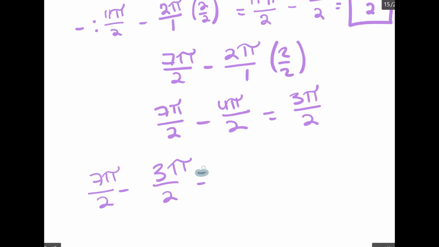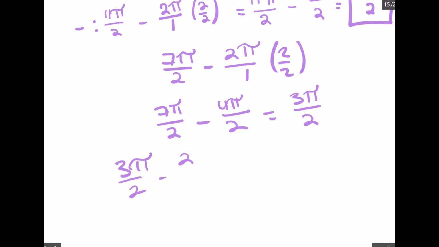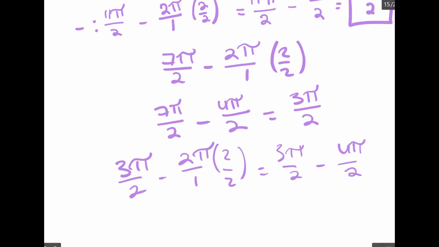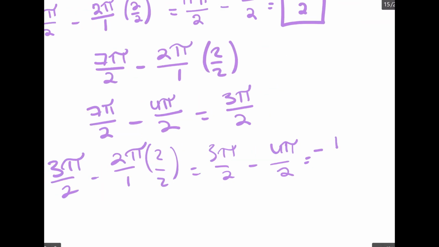Wait, I messed up. So negative pi over 2. Sweet. So we had 3 pi over 2 minus 4 pi is negative pi over 2.